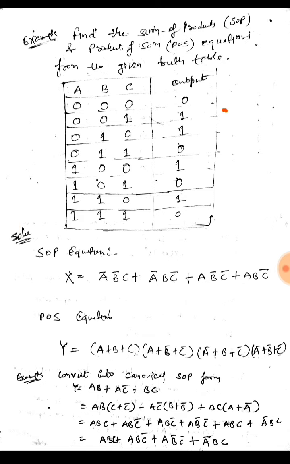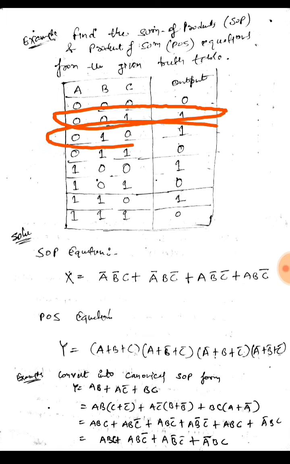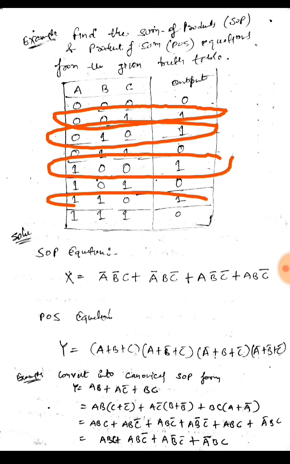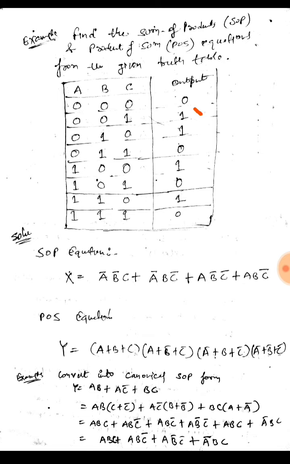Wherever the output is high, these are my terms. I will take only those terms for which the output is high. So this would be my function. For the second combination, the term would be a bar, b bar, c. As a is 0, I will take a bar, b is 0, I will take b bar, and c would remain the same.